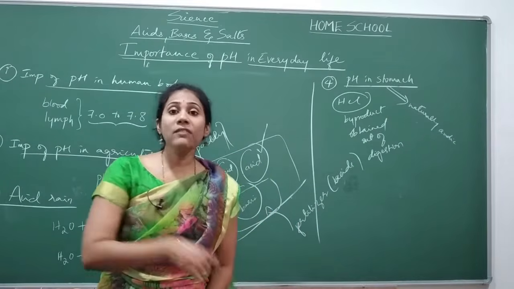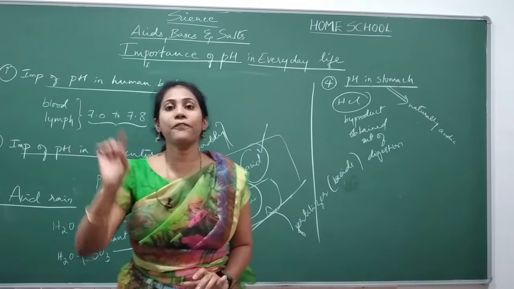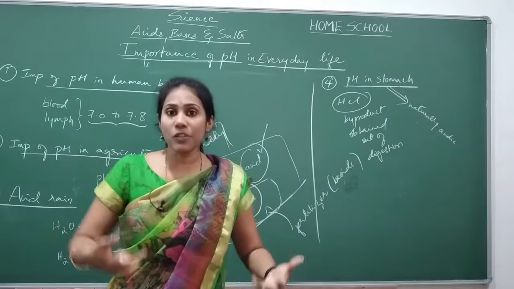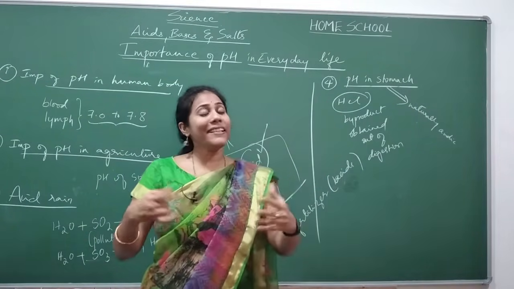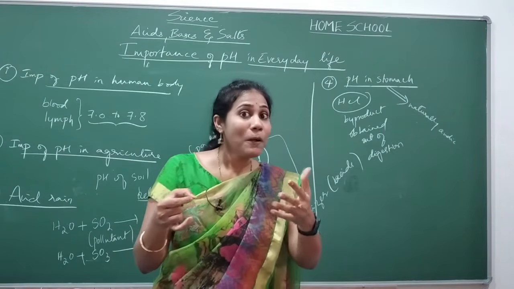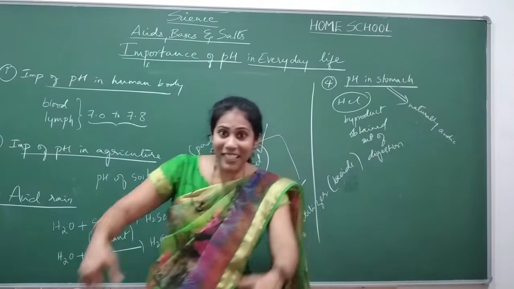But whenever you take spicy food, hot spicy food, more and more HCl will be created in the stomach. When more HCl is created, there is more H plus ion concentration, no? More H plus ion concentration means what? The pH value decreases.